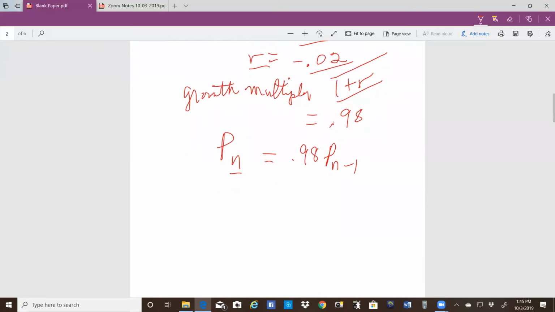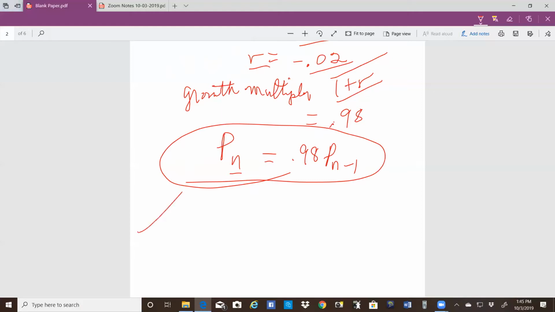Now, what do you think this could represent? You're not appreciating anything, are you? Your account's not growing. Does anybody have any ideas about why in the world you would have a model like this? No, sir.